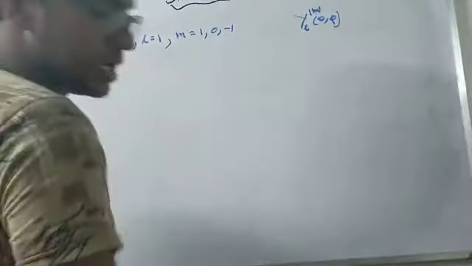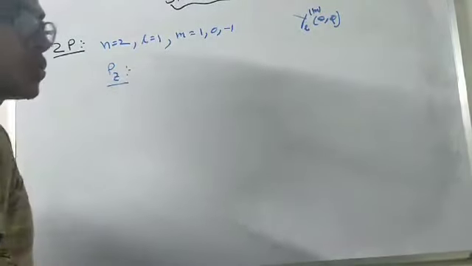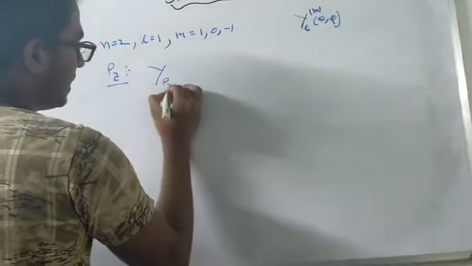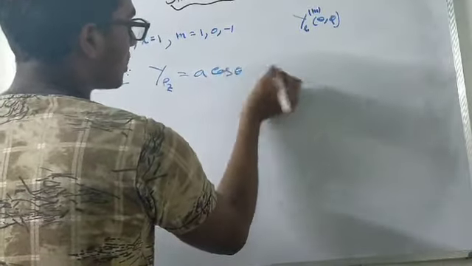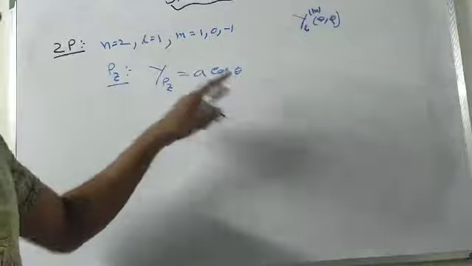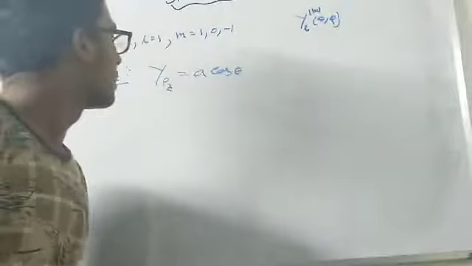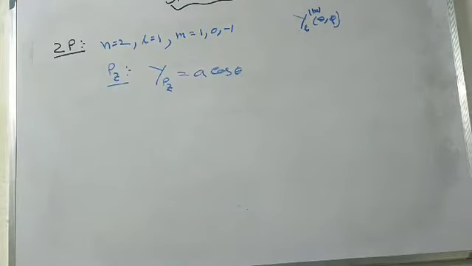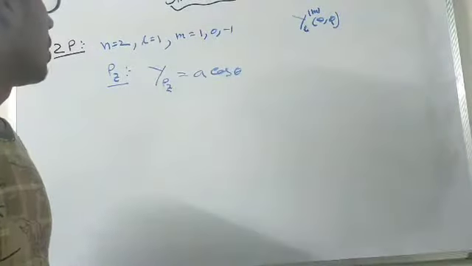At first I will start with the pz orbital. The angular wave function for the pz orbital equals a constant times cos theta, that is, a cos theta.